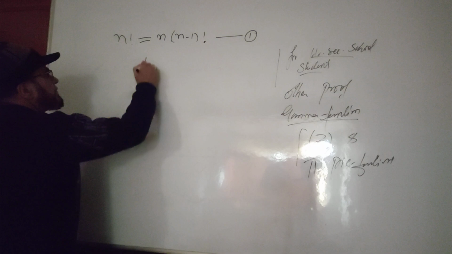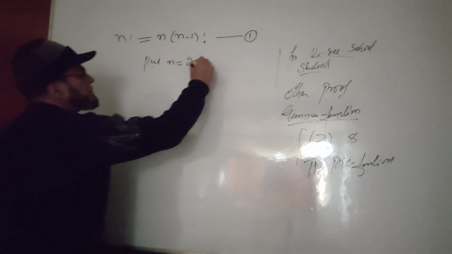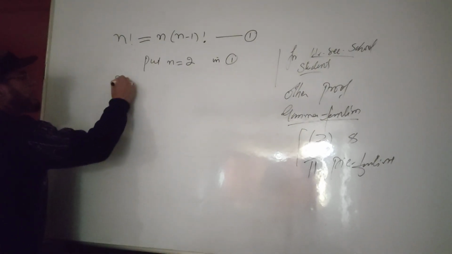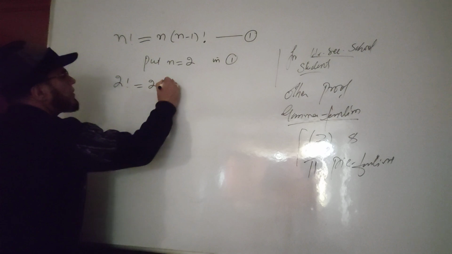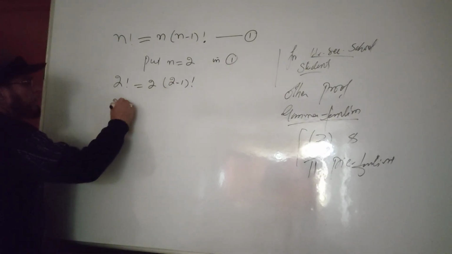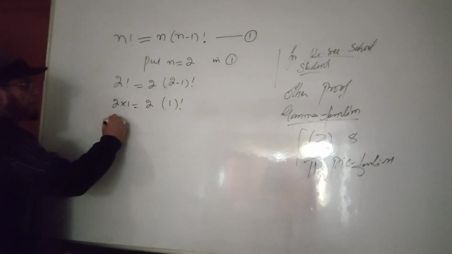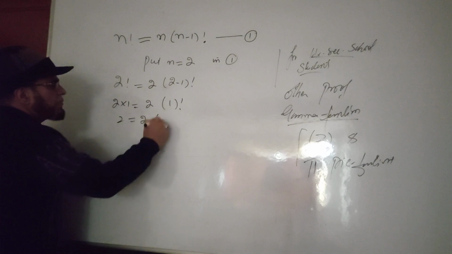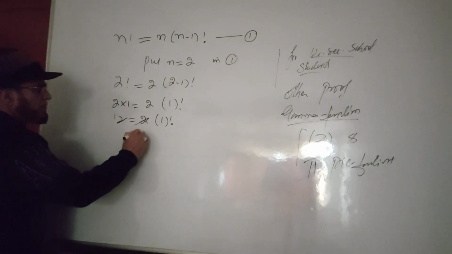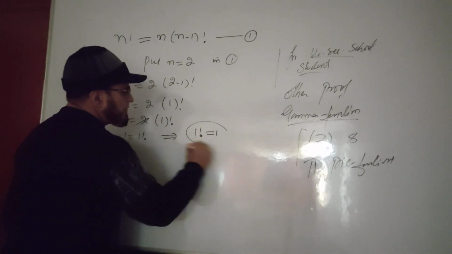If we put n equal to 2 in first, what do you get? 2 factorial is equal to 2 into (2 minus 1) factorial, which is 2 into 1 factorial. The 2 and 2 cancel, so 1 is equal to 1 factorial. So I have proved first that 1 factorial is 1.